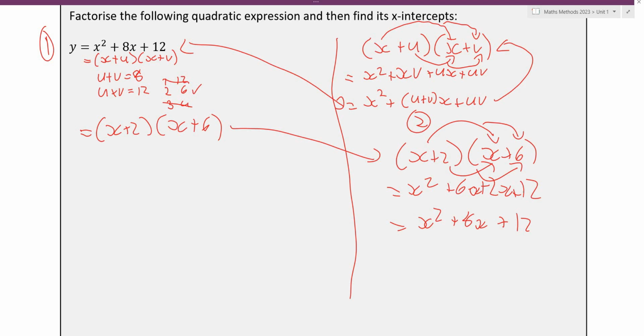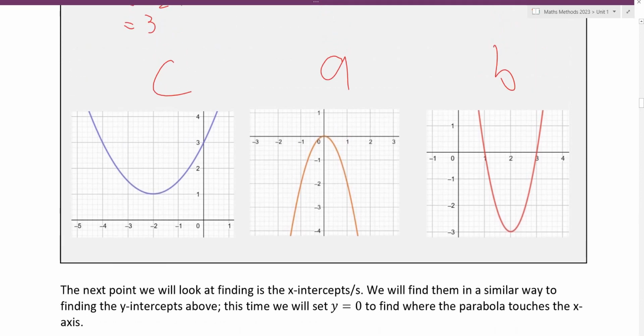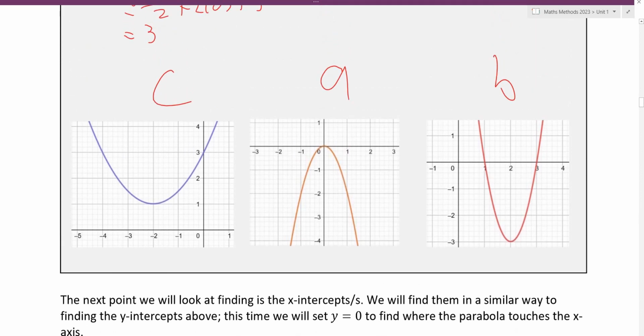At what value of y does that happen? If I go back up here, my x-intercepts always happen at what value of y, no matter what the quadratic? 0.